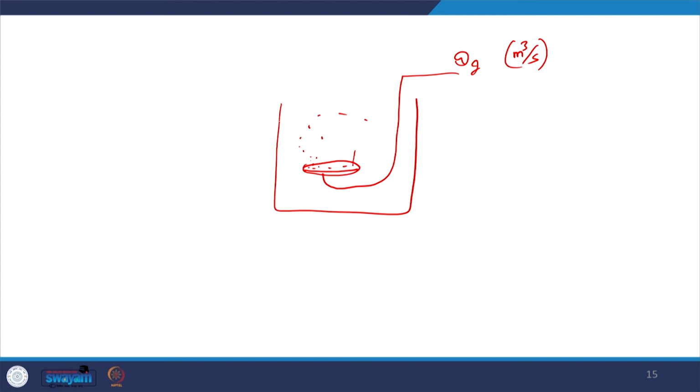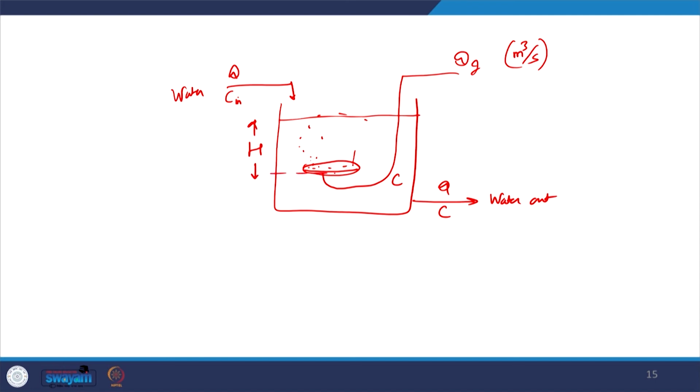But actually, this is meter cube for gas, and this is the inlet for water, Q, with C_in, and here we have Q and C. So, this is the water out of the system, and C is the concentration here. Depending upon the depth at which this diffuser has been installed, we have to change the Q_g value.